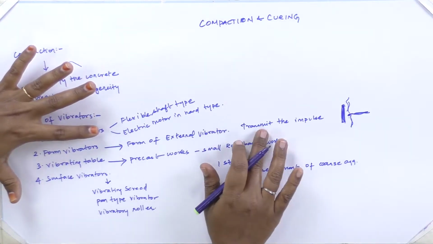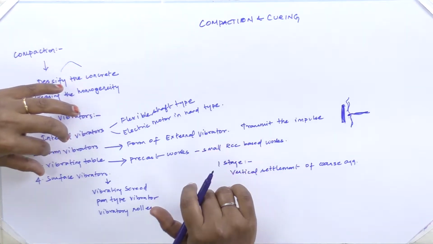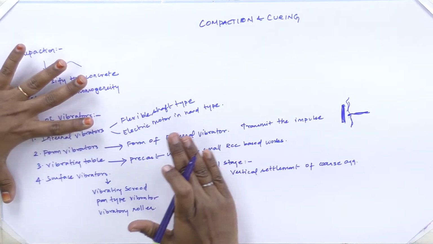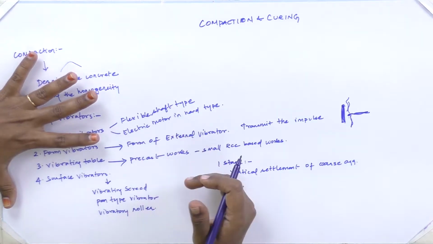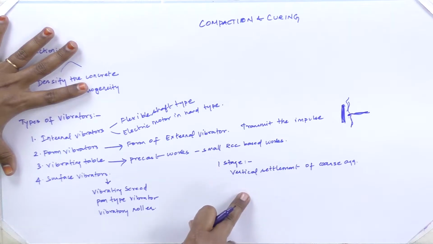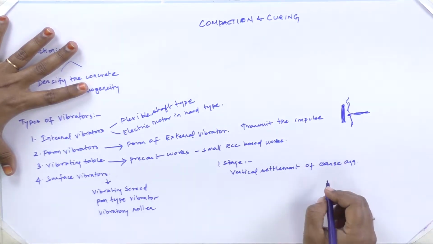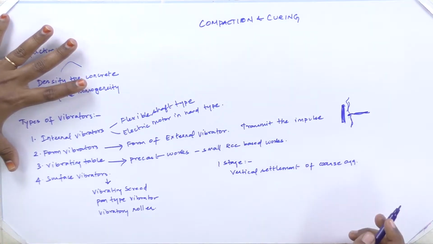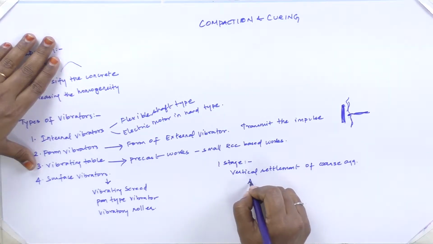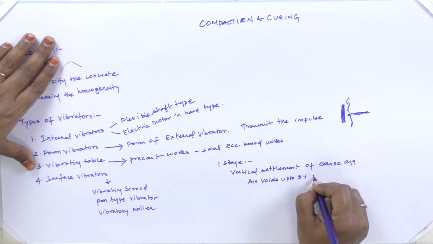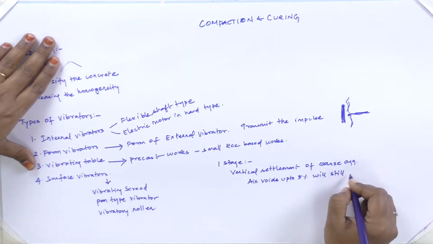Since we have to fill the concrete to the shape of the formwork, we should be able to liquefy the concrete. Liquefy in the sense that mobility should be given to the concrete. So in the first stage, the vertical settlement of coarse aggregate will take place, and in this stage air voids up to 5% will still remain.